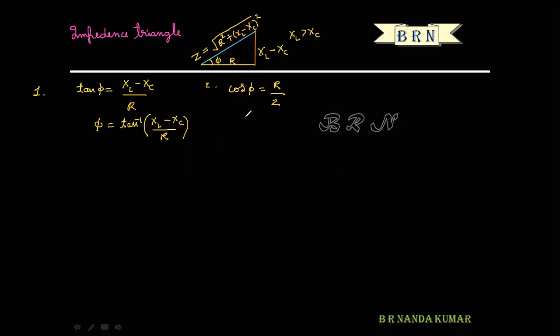So phi is equal to cos inverse of R by Z. This is the expression for the phase difference between current and voltage in an LCR series circuit in terms of R and Z. After that, let us discuss some very important special cases.